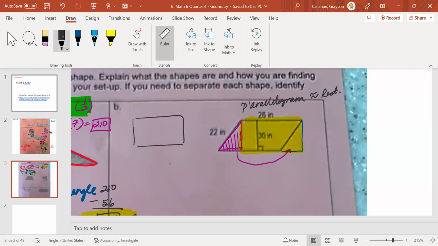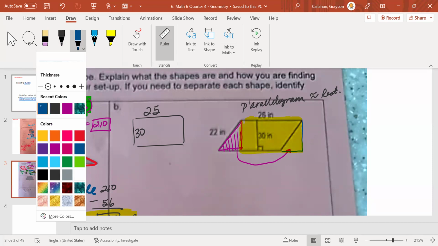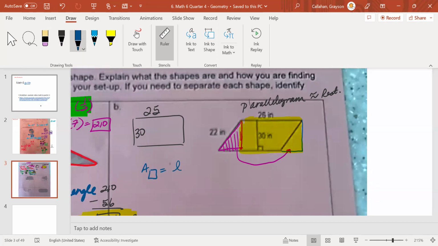And I know that this is 30, this is 25, right? What is your area of a rectangle? Length times width. What is your length? 25 or 26.